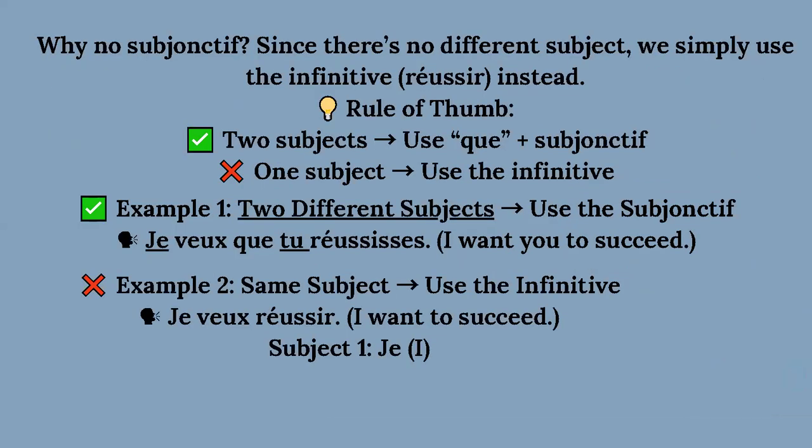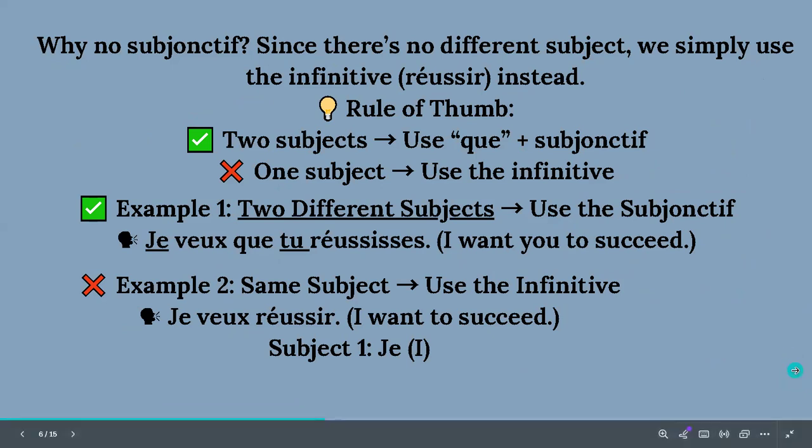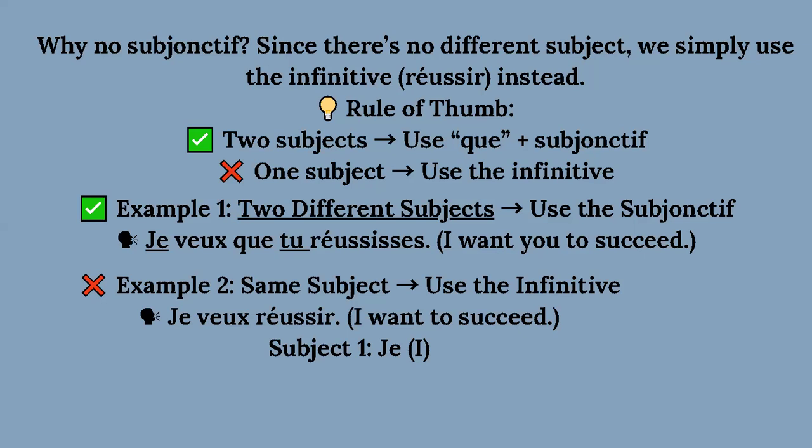Now the thumb rule for subjunctive is we need to have two different subjects. When we have the same subject, where one is wishing and the same person is also doing the action, we will use infinitive. But when we have one person who is wishing and the other person who is taking action, we will use subjunctive.